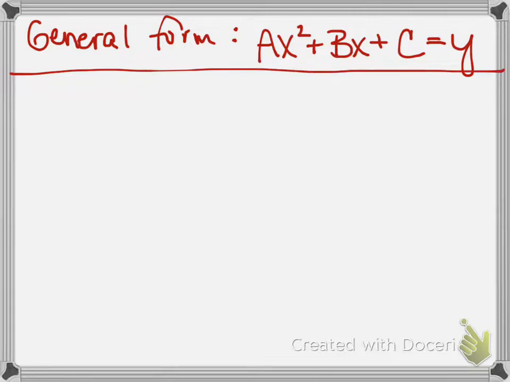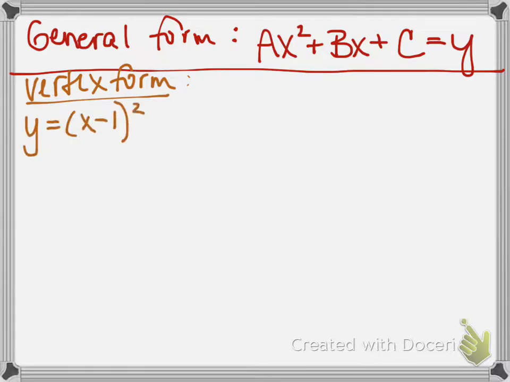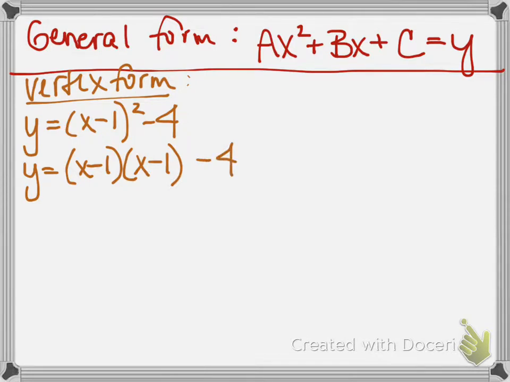So I'm going to start with vertex form. So vertex form, at the end of my problem, was written as y equals (x minus 1) squared minus 4. So we know that squared means that I have that set of parentheses twice, (x minus 1) times (x minus 1) minus 4. So I'm going to either FOIL this or use my area model to multiply. So if I FOIL, I have x times x, which is x squared, and x times negative 1, which is negative 1x.